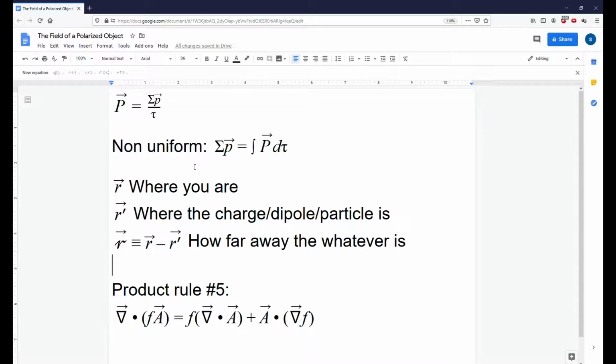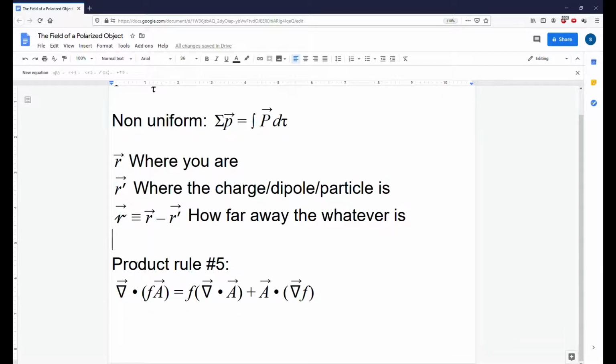Next, the textbook uses product rule number 5 to rewrite this. So, reminder, product rule number 5 is this product rule right here. The divergence of a scalar function times a vector function is equal to the scalar function times the divergence of the vector function plus the vector function dotted with the gradient of the scalar function. So as you can see from that equation at the top of page 174, P dot del of 1 over r, that's this right here.